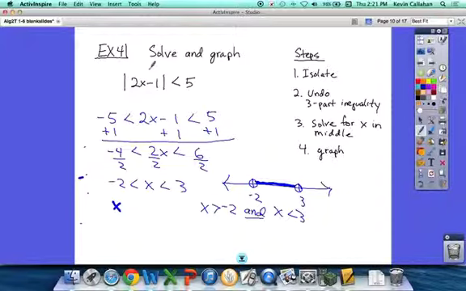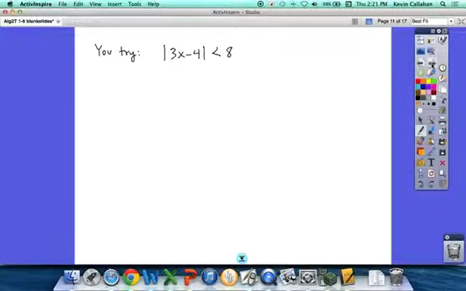Okay, so try that. Make a three-part inequality, solve for x in the middle, and graph. Solve and graph. No. What did we do here?